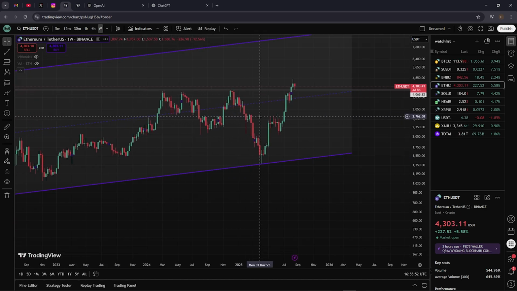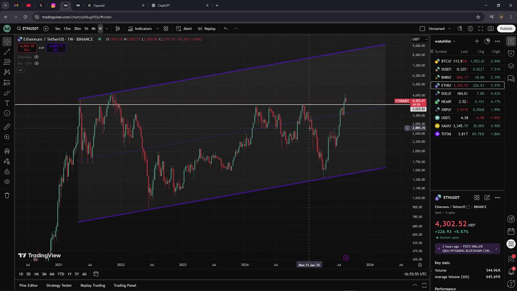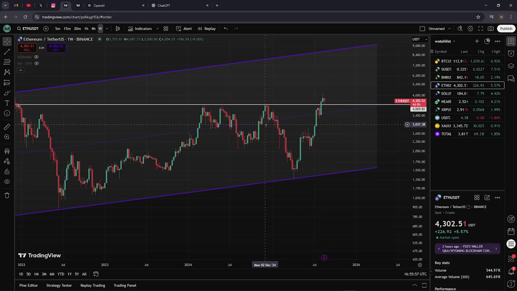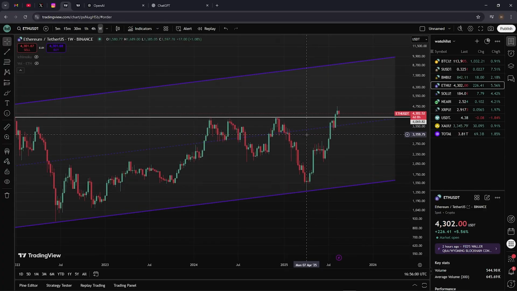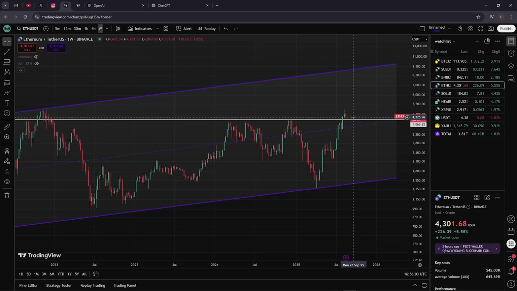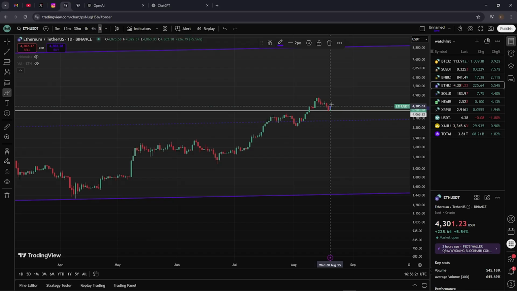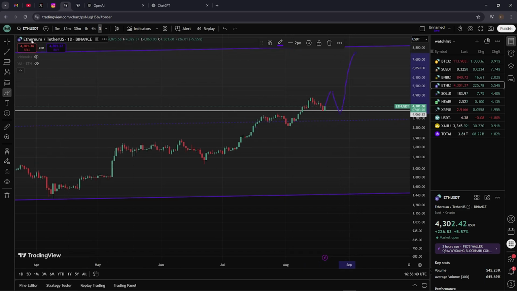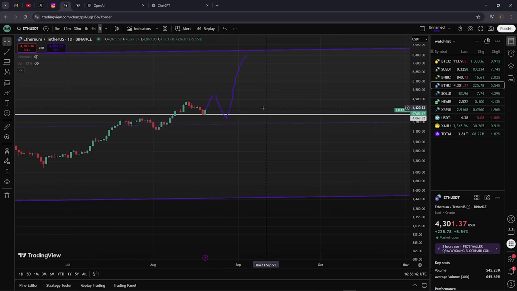Since we're 2 months off from the end of the cycle, if it's going to play out like the last times it did, I think Ethereum has about another correction to go. It can do something like this where it just goes up, makes a higher high, and comes back down, goes back to the 4,000, even lower to 3,800, and then makes a sustained move to the upside before the end of the cycle.